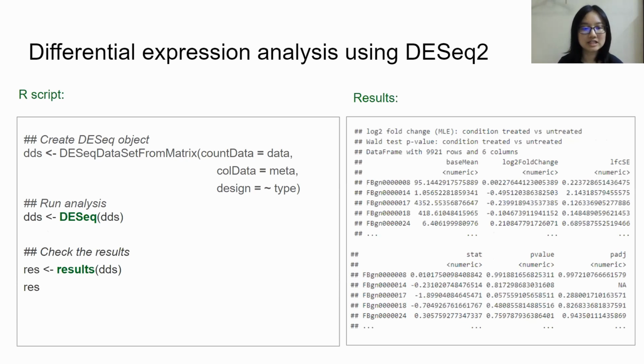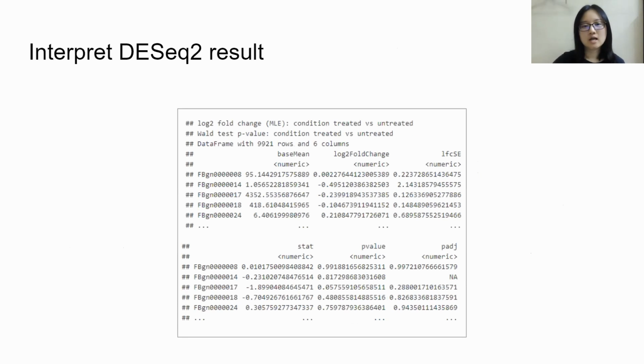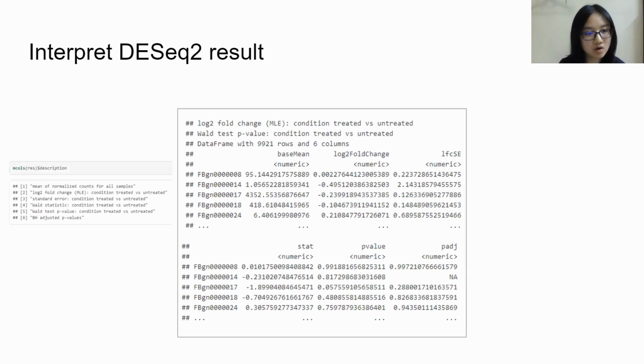So from here, we can check the result, which is something like this, as I mentioned in the beginning of the video. So let's look closer to interpret the DESeq2 result. At this moment, I hope that you already understand why we need to use log2 fold change here. And if you want to know better what these things refer to, you can try to run the code mcols description.